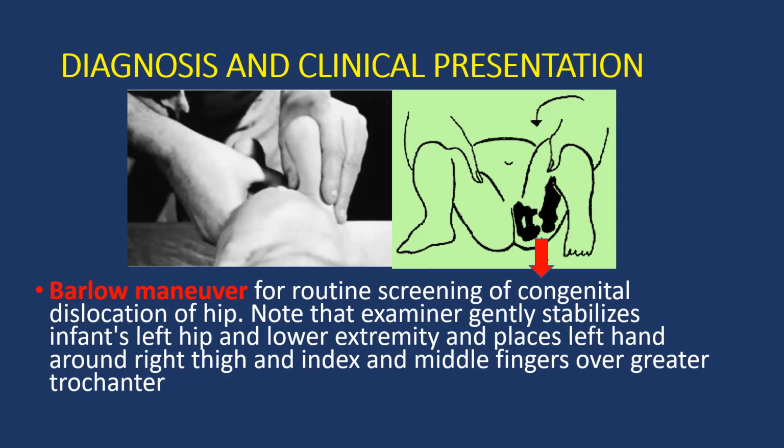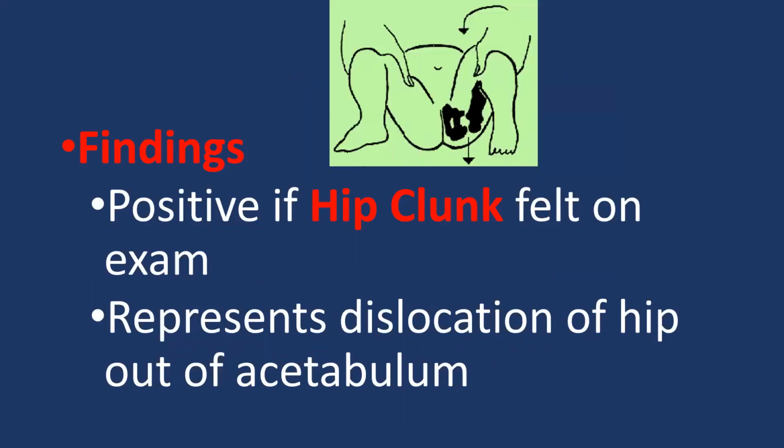Don't forget this. So, if you have a positive hip clunk, this is a sign that your Barlow sign is positive. It means that the hip came out of the acetabulum.